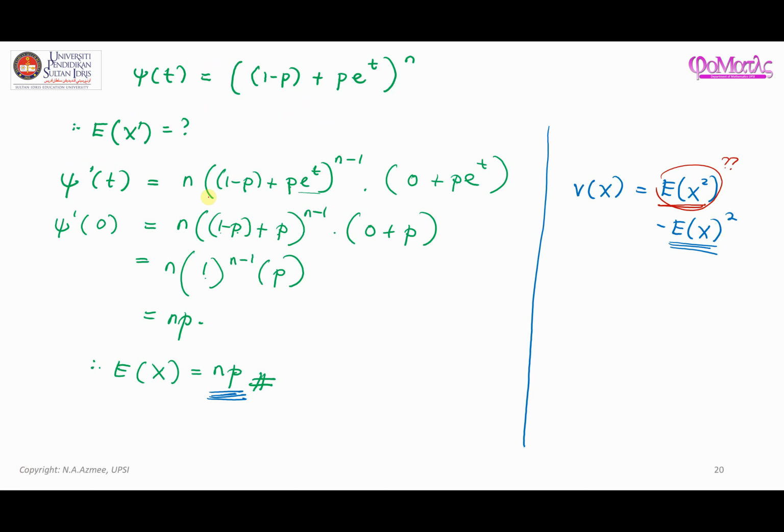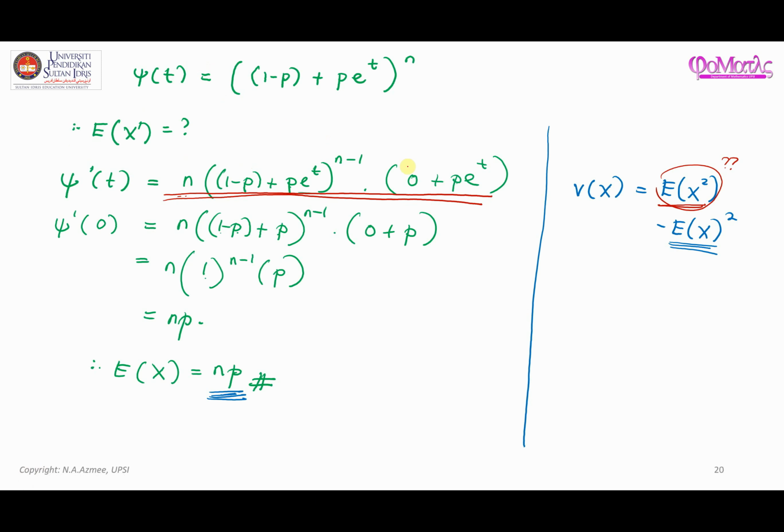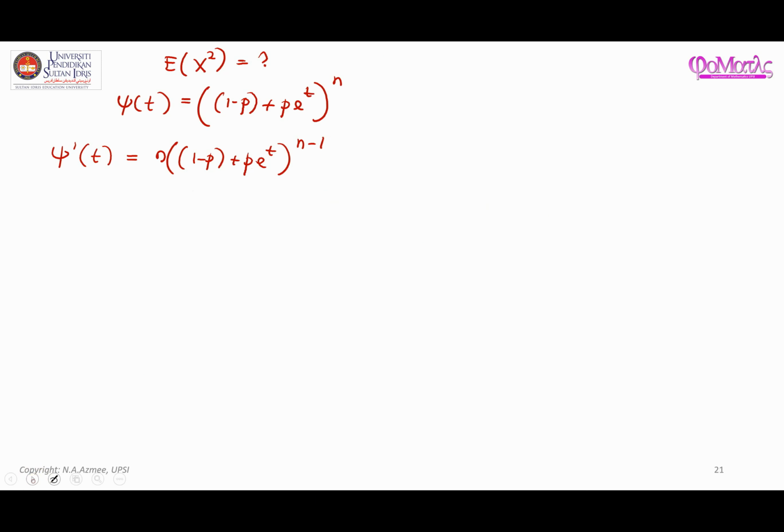So this is the result when you differentiate once. I'm just going to take the result. It is n(1 - p + pe^t)^(n-1) times pe^t.